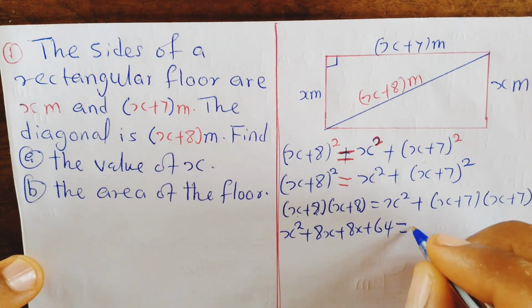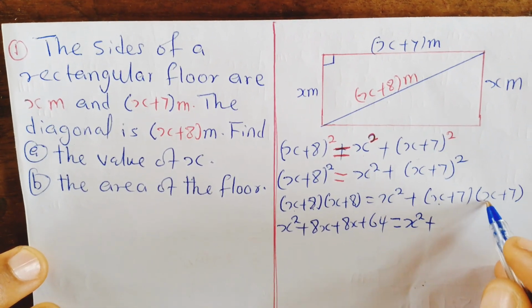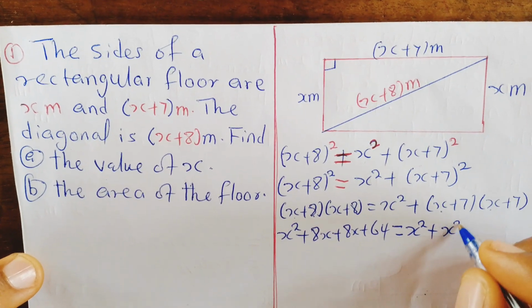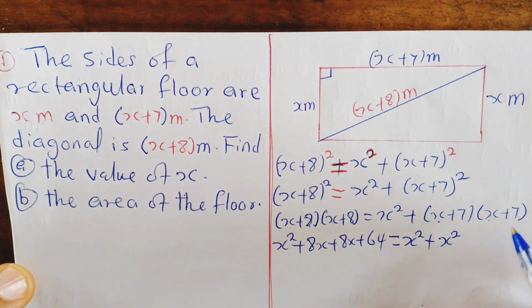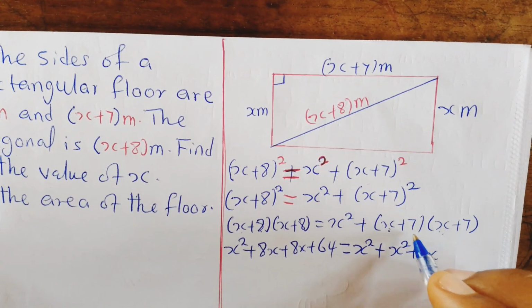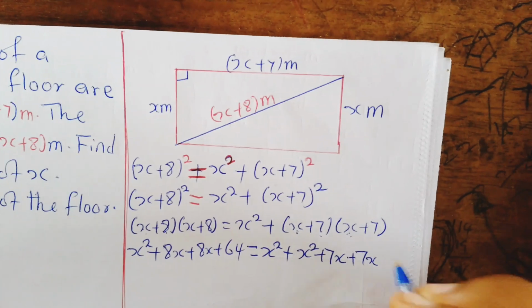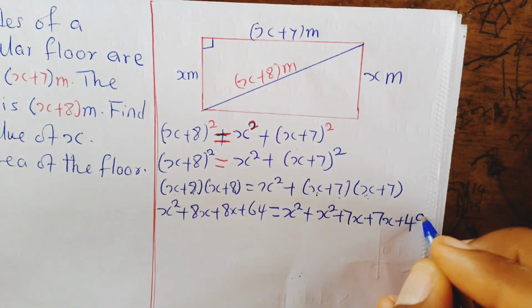This is equal to x squared plus x times x will give me x squared, x times 7 will give me plus 7x, 7 times x will give me plus 7x, 7 times 7 will give me plus 49.